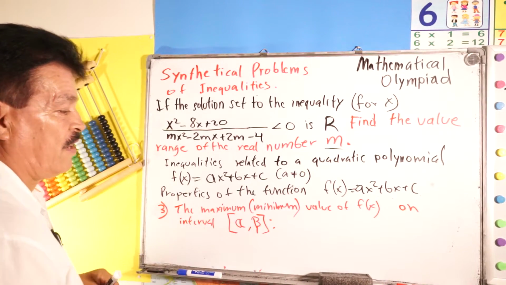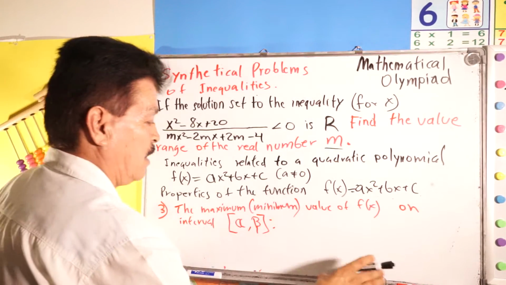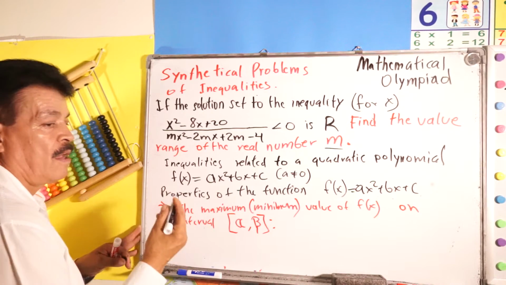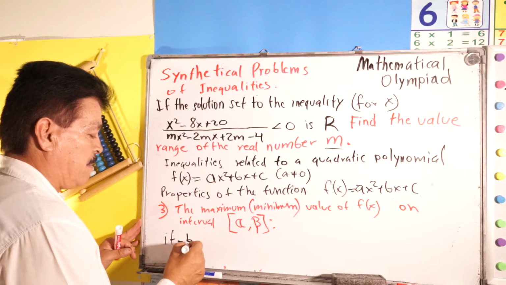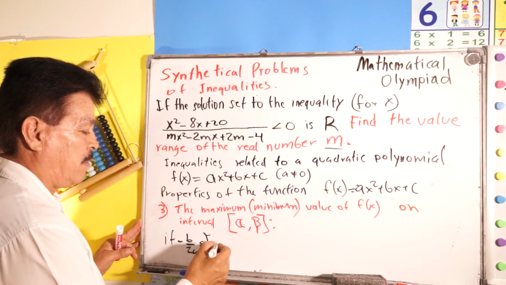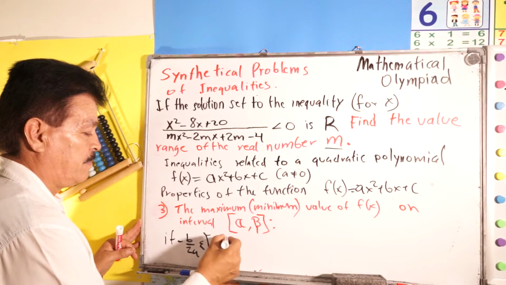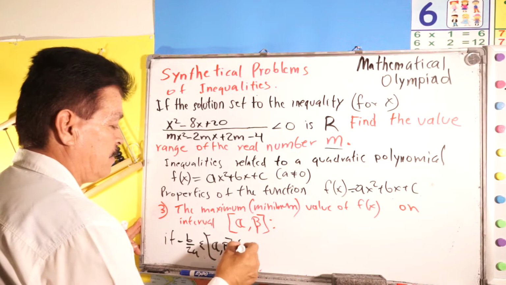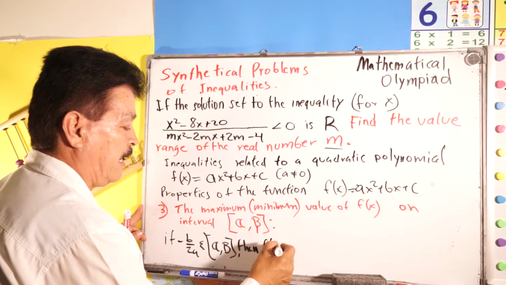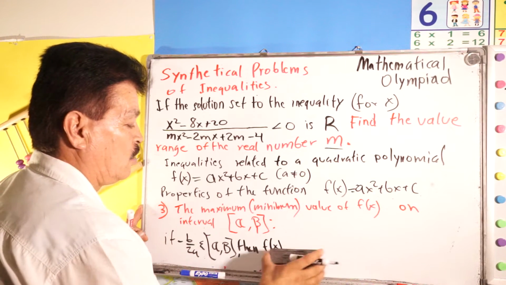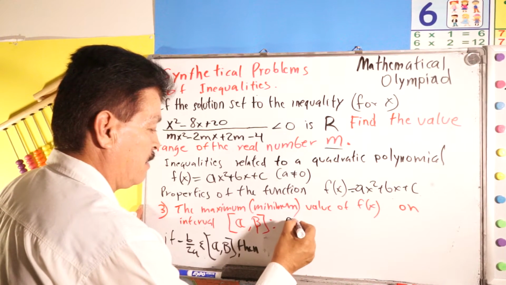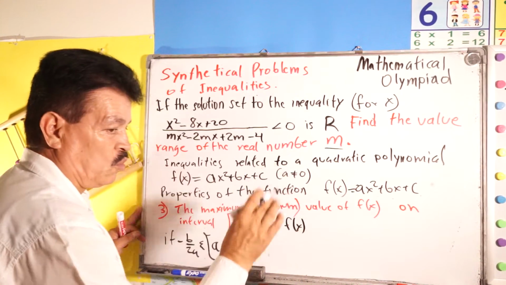We have two different cases here. If −b/(2a) belongs to this interval, then f(x) has two different things.